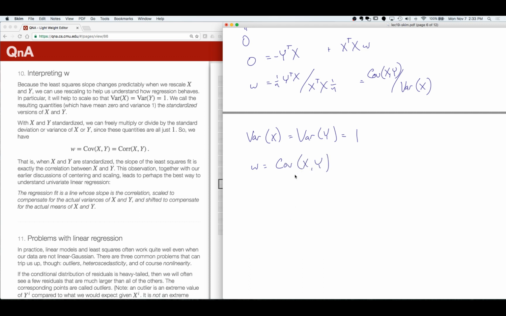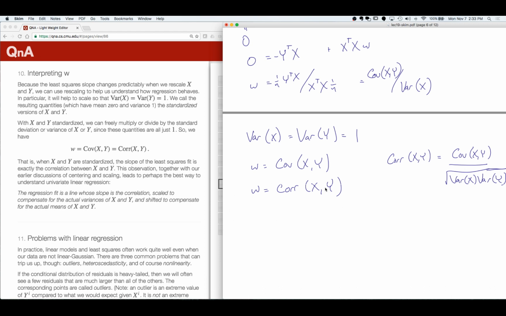But remember that the correlation of x and y is equal to the covariance of x and y divided by the square root of the product of their variances, right? So this term is just 1 because we've assumed x and y to both have variance 1. So this is the same as saying that w is the correlation between x and y.